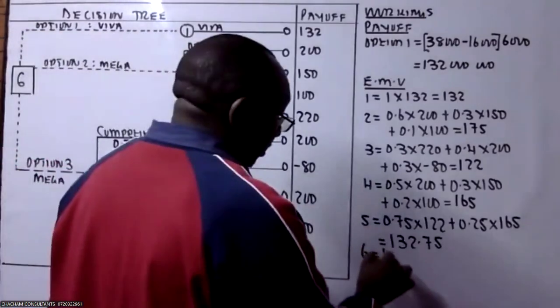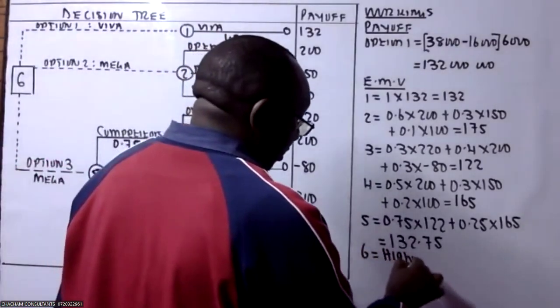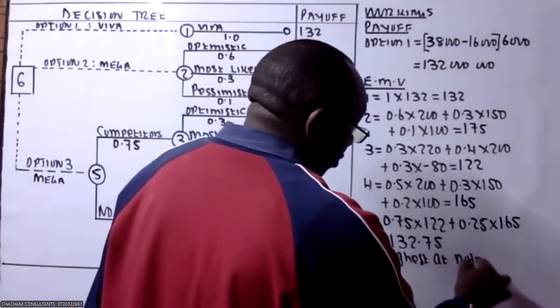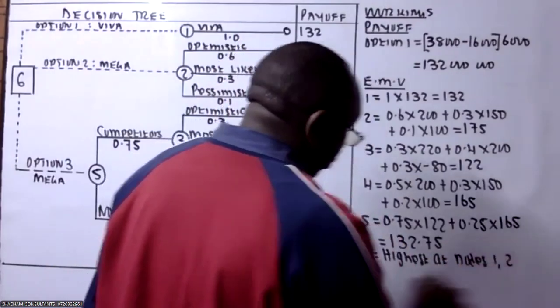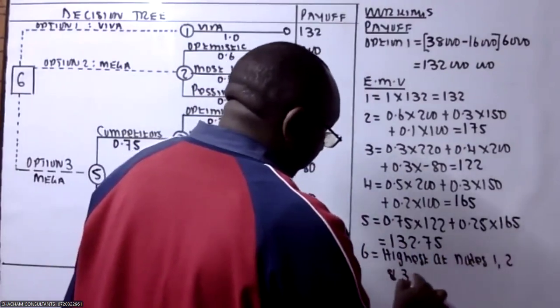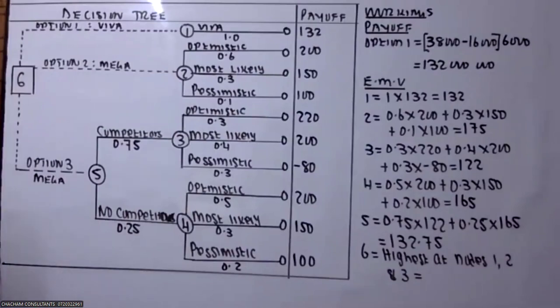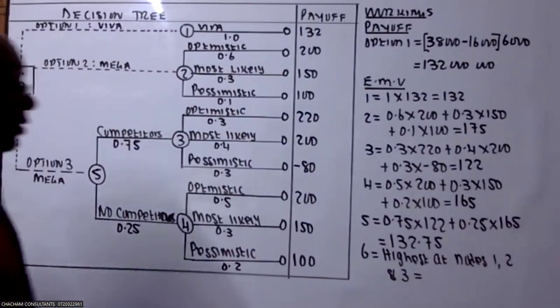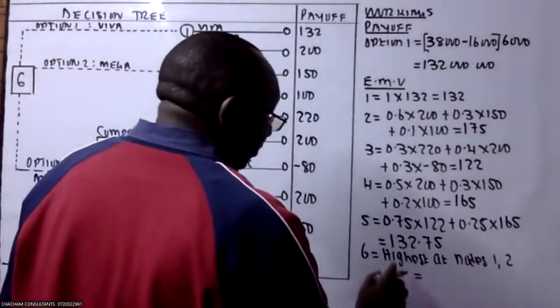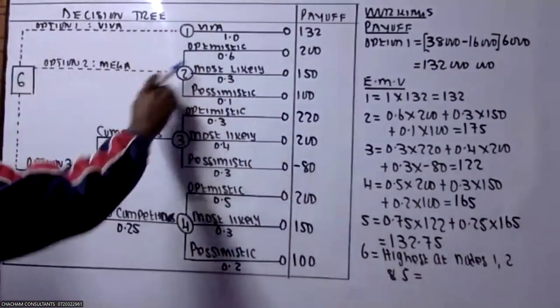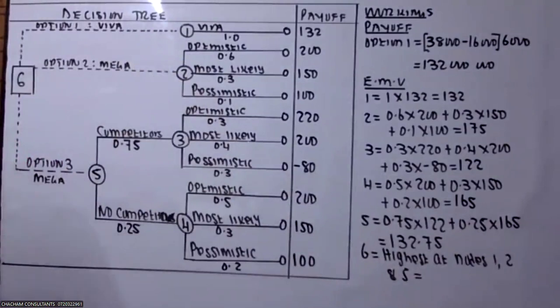It is the highest at nodes 1, 2, and 5, because these lines go to number 1, number 2, and number 5.